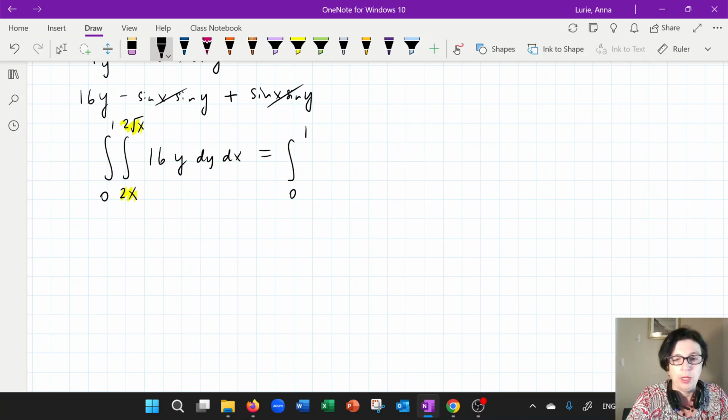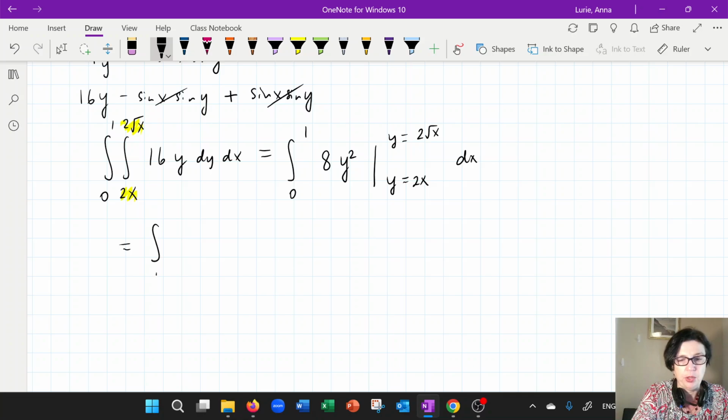The inside integral with respect to y becomes, remember, y squared over 2, so this will become 8y squared. And we substitute y equals 2x and y equals 2 square root of x. First let's substitute the top limit, which will become 8 times 4x, right? Since 2 squared is 4, and square root of x squared is x. Then we subtract 8 times y squared, which becomes 4x squared.